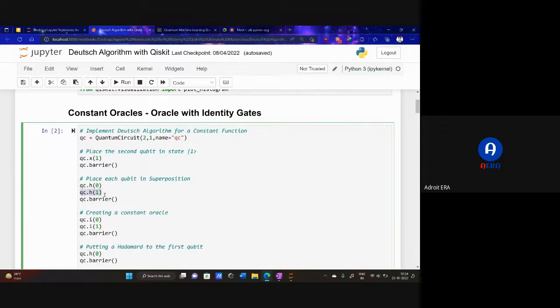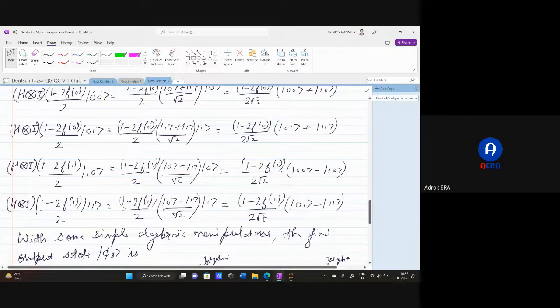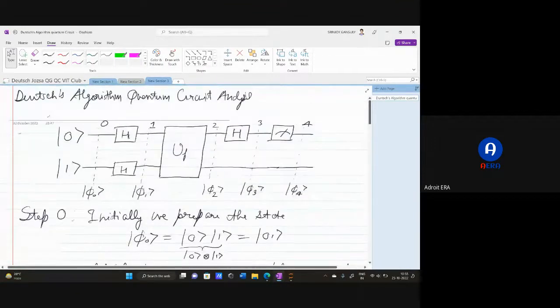Very easy. And then we keep putting the barrier also. Putting barriers makes the circuit look neat, just like how I was putting barriers while doing the quantum circuit analysis with you. If you go here, what are these lines? These are barriers only.